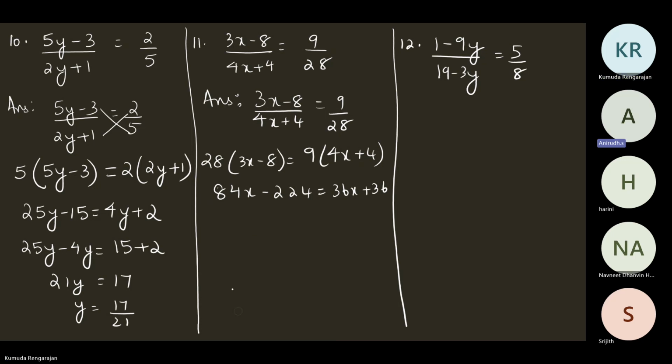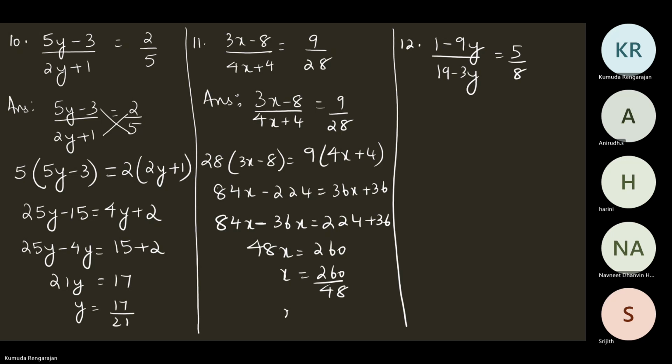I missed a step, ma'am. 84x minus 36x is equal to 224 plus 36, and then 48x is equal to 260. X is equal to 260 by 48, which is 65 by 12.